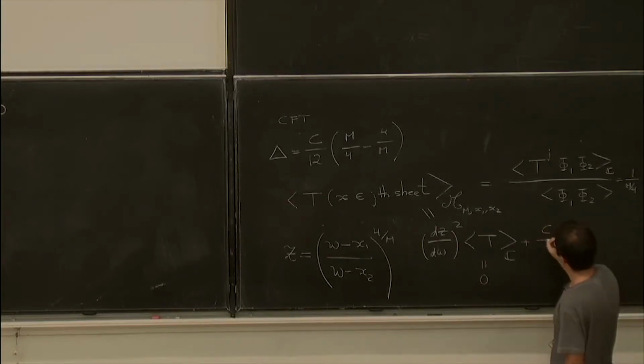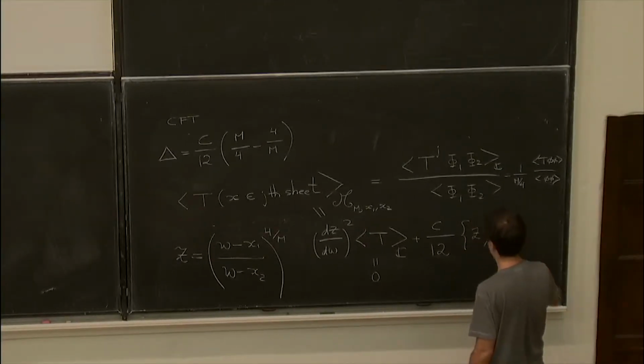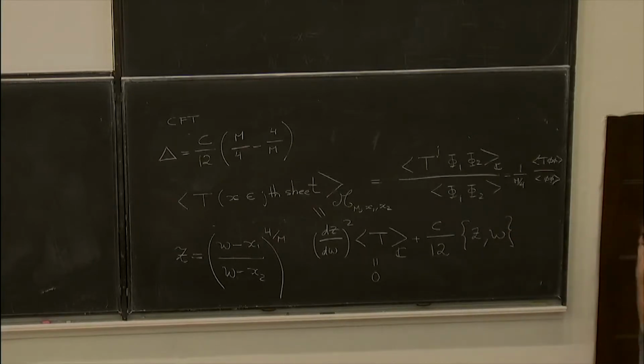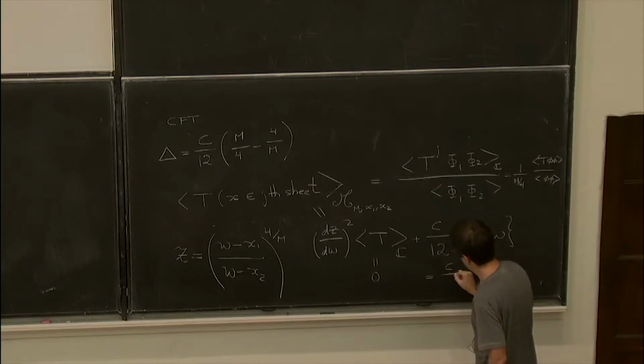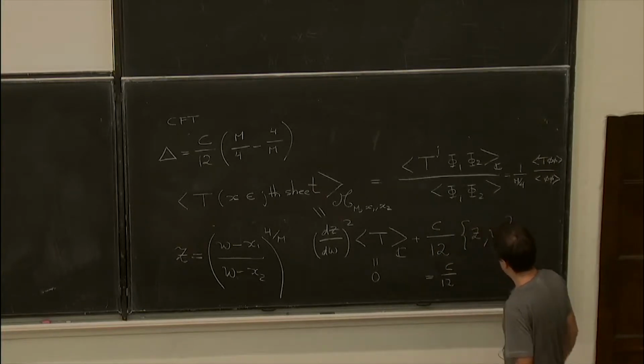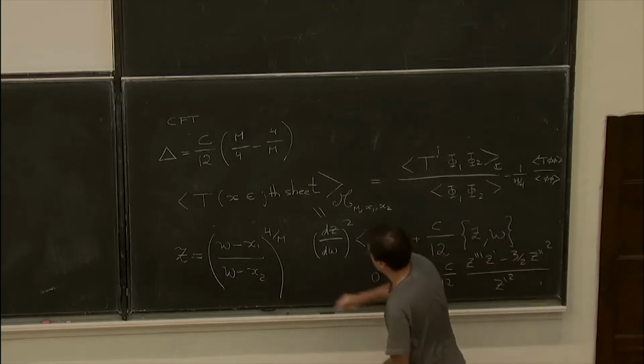Plus, this is how stress tensors transform: there is a C over 12 times the Schwarzian. The Schwarzian, I remind you, is some combination of derivatives of Z, and now all you have to do is compute these derivatives for this function.